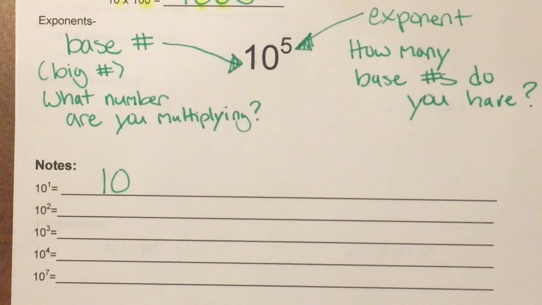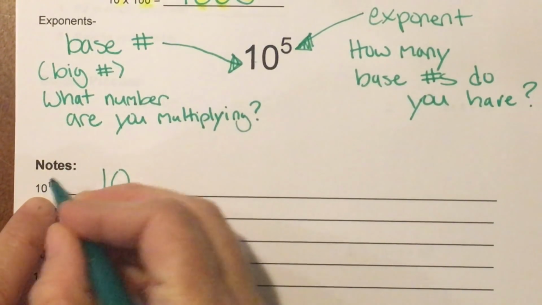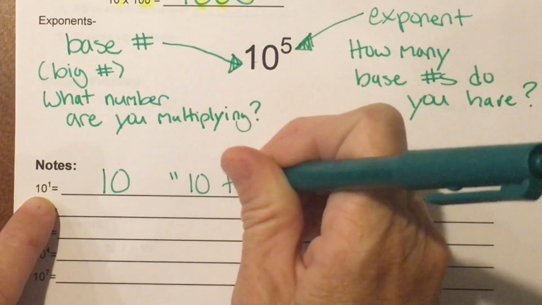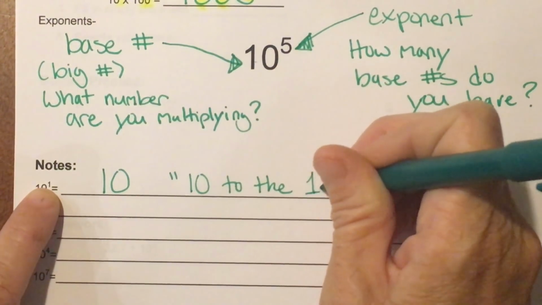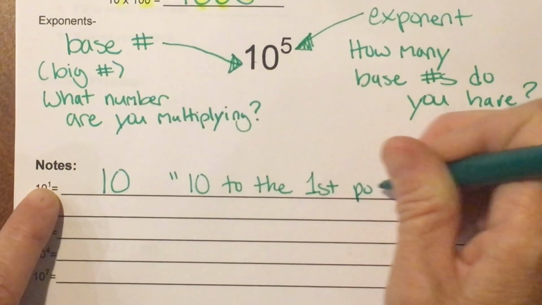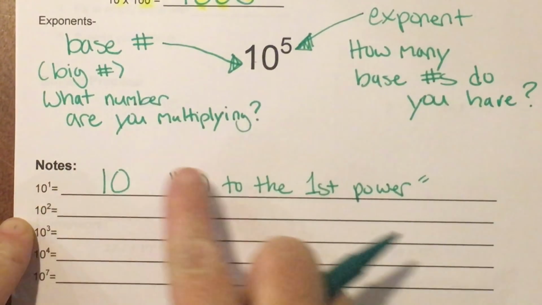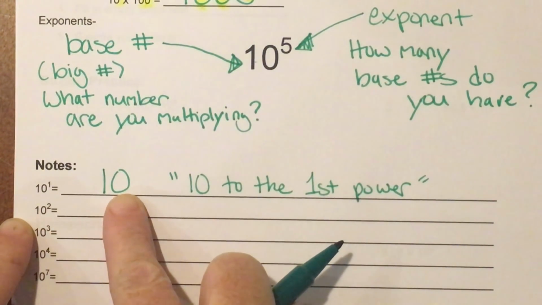So I really can't do anything with that problem. The way that I would read this is I would say 10 to the first power. So I could say 10 to the first power is equal to just 10. There's nothing I can do with that.